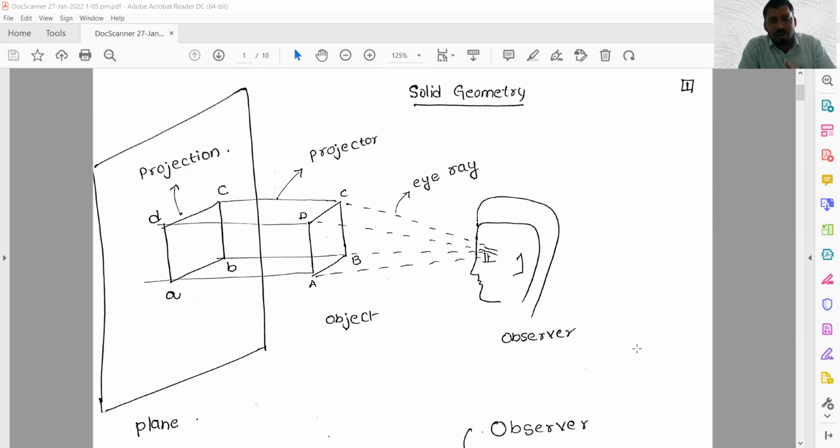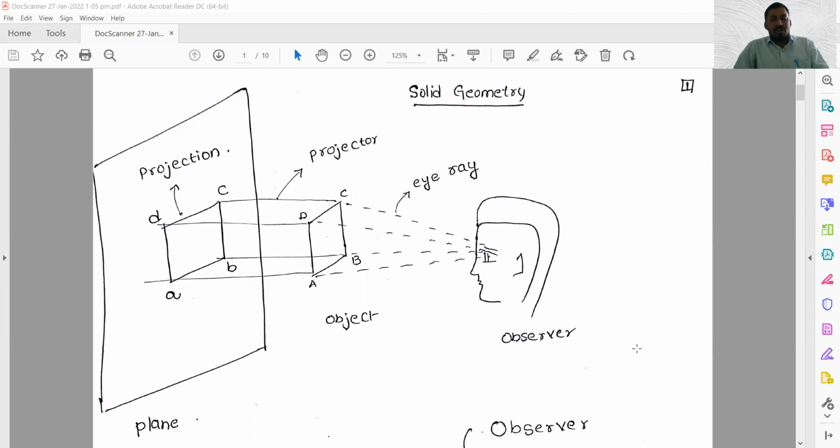And later we covered conic sections, in which we discussed different conic curves like the ellipse, parabola and hyperbola using the general or eccentricity method. The rectangular hyperbola we discussed with the asymptotes method. Later we moved to cycloids.